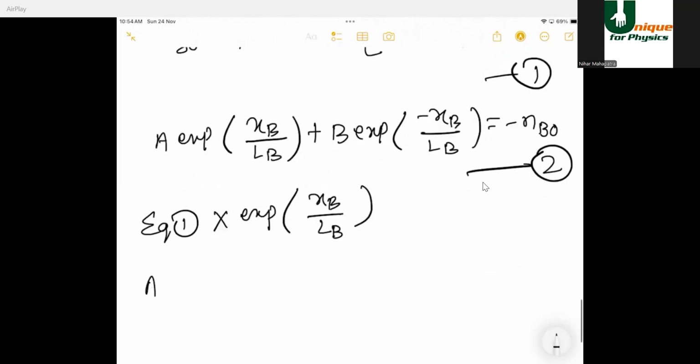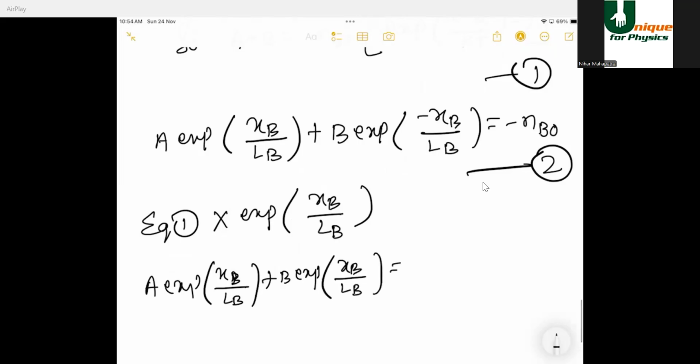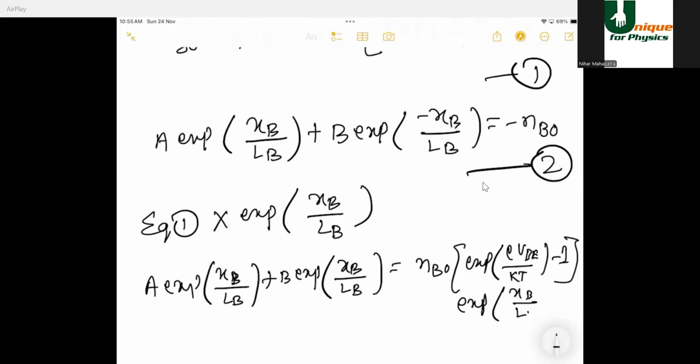So I got A exponential of xb by lb plus B exponential of xb by lb is equal to nb0 exponential of e vbe by kt minus 1, multiplied with exponential of xb by lb.